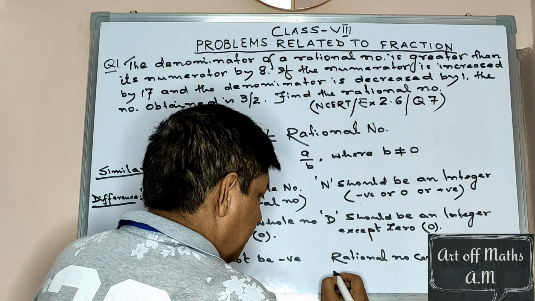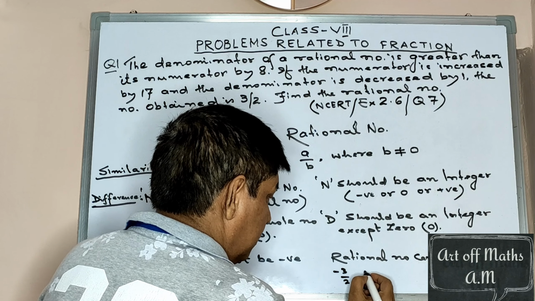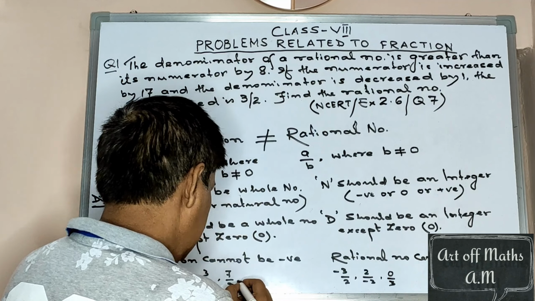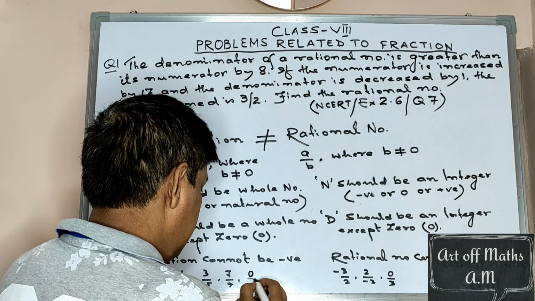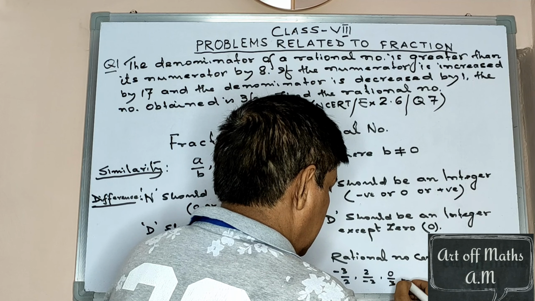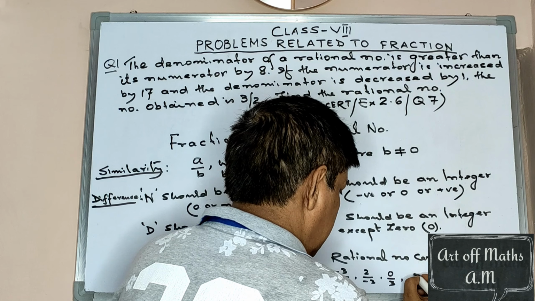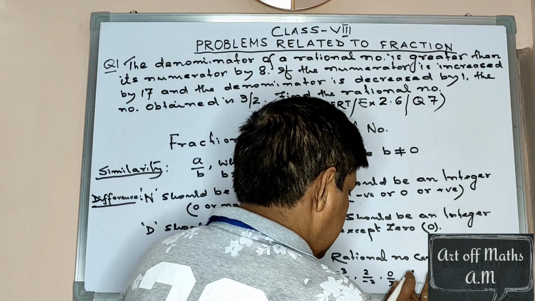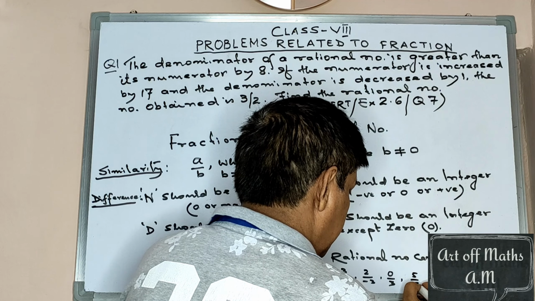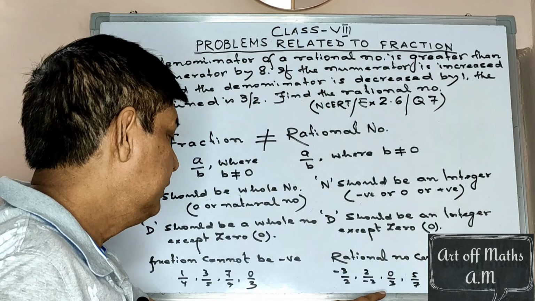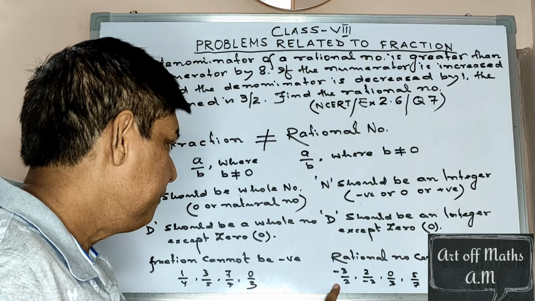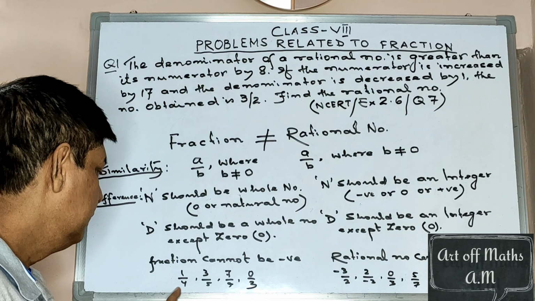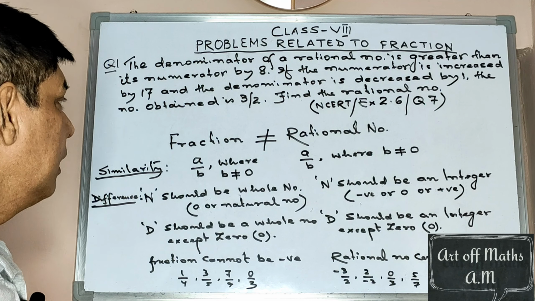Here in this case, -3/2, 2/-3, 0/3, 2/3 or 5/7. Here it can be positive, it can be negative, and here all should be positive. This is the example of rational number and here this is the example of fraction. Now I hope it is clear to you.